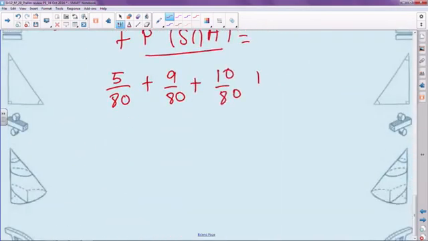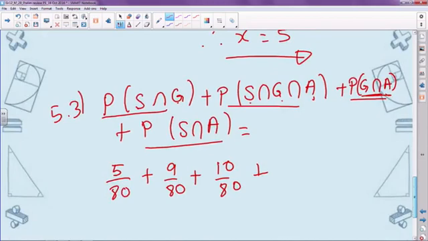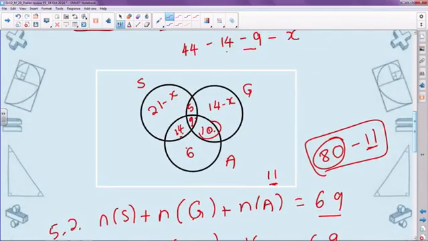And then we're going to have the probability of competing in, so we've done gymnastics and athletics. What else do we need? We need swimming and athletics, and we're going to get 14 over 80. All right, and I've got that 14 again by looking at the intersection of swimming and athletics.